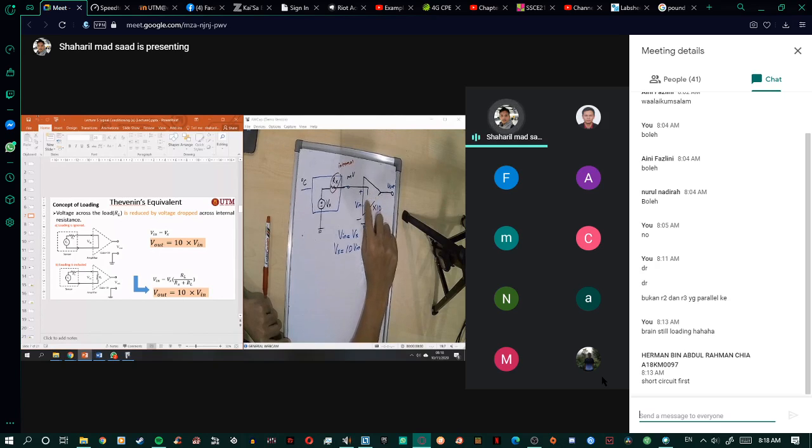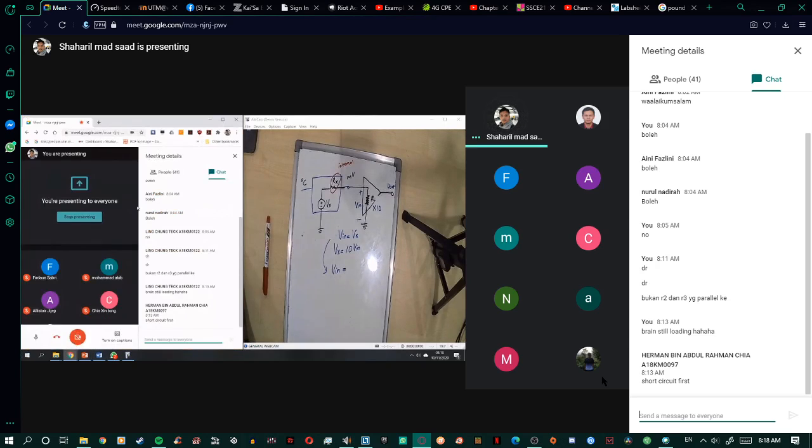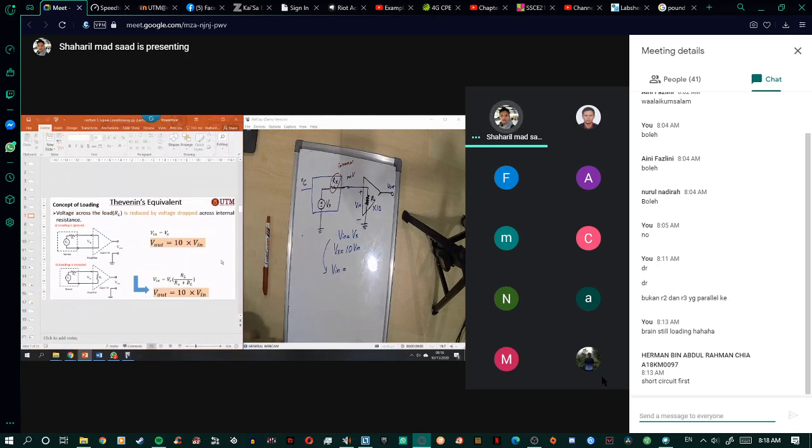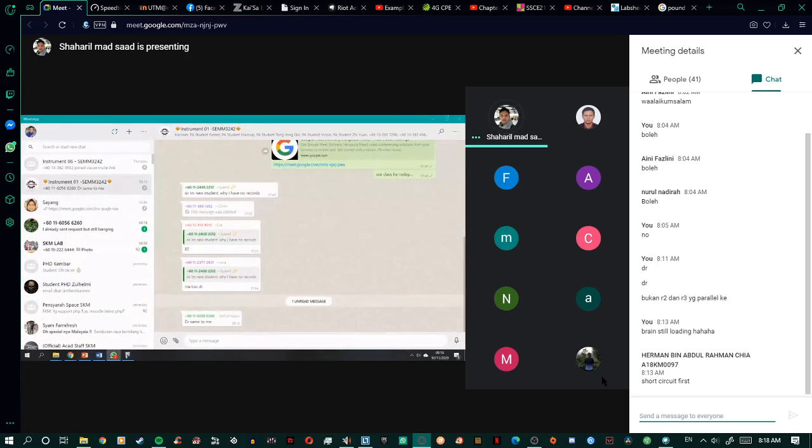Now, when you don't ignore the loading, that means the loading is included, so this one is RL. The equation will be different. V in is equal to RL divided by Rx plus RL, times your Vx.